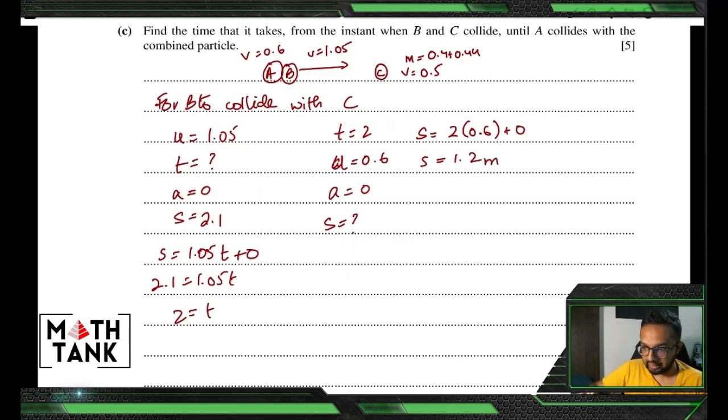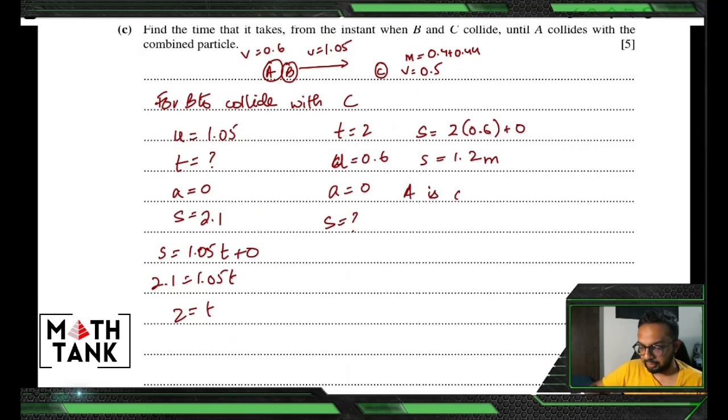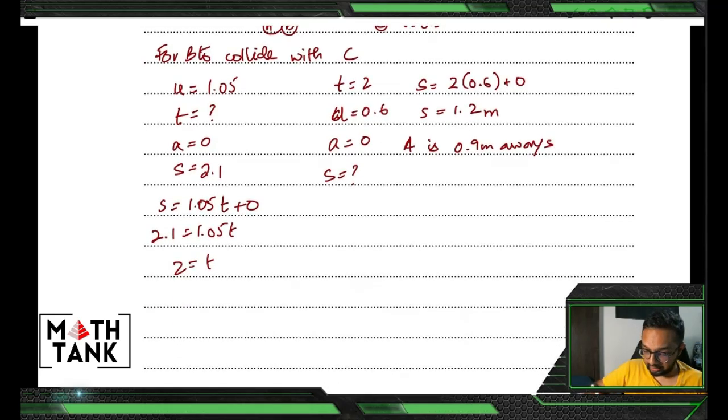There is only a distance when they collide. When B and C collide, A is just 0.9 meters away technically. So A is 0.9 meters away. Now A is going at speed 0.6 and the combined particle has u equals 0.5.